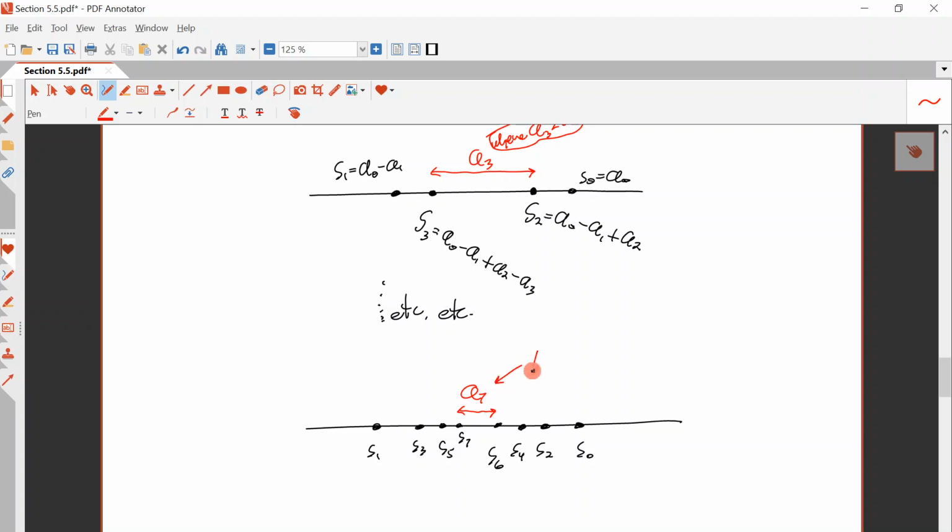And because A_n converges to 0, that distance is getting tinier and tinier and going to 0.